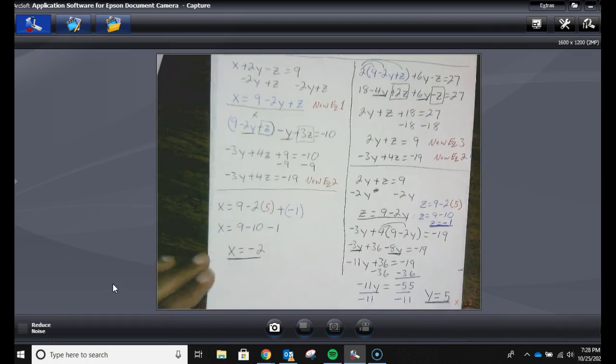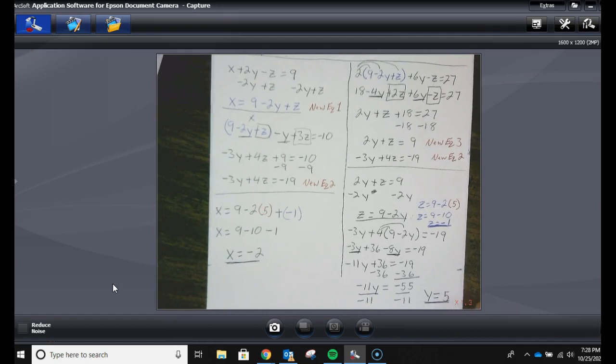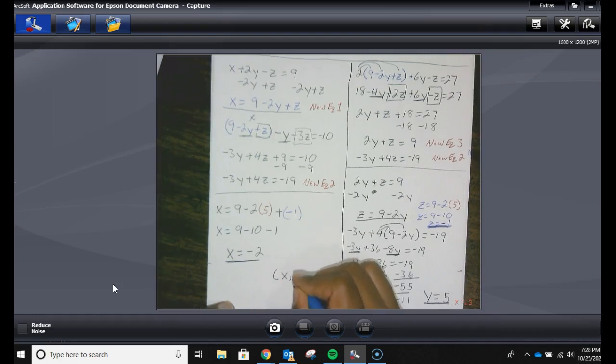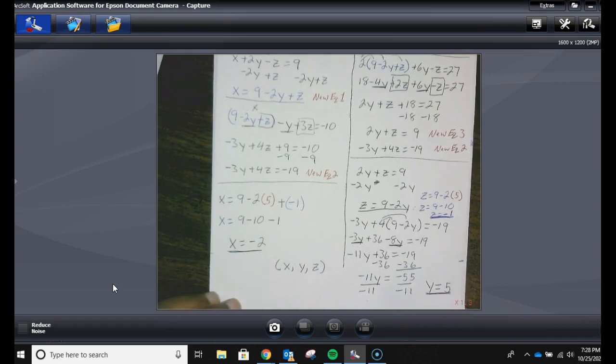So I have to write this as an ordered triplet. We're done. My ordered triplet is always in the order x, y, z. So in this case, my ordered triplet would be -2, 5, -1. And that would be your solution.